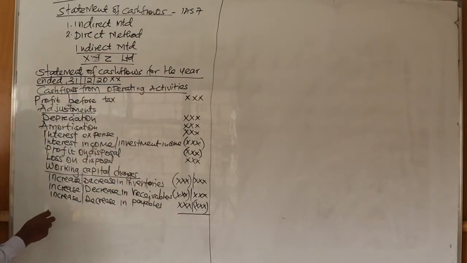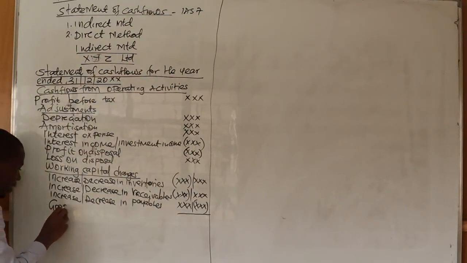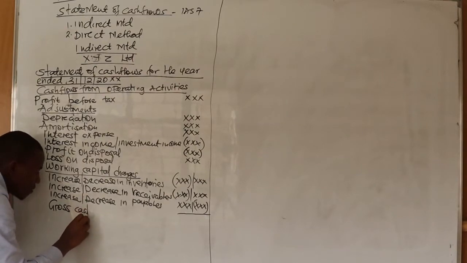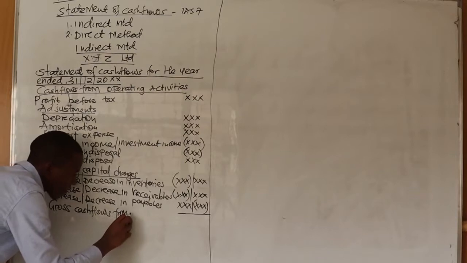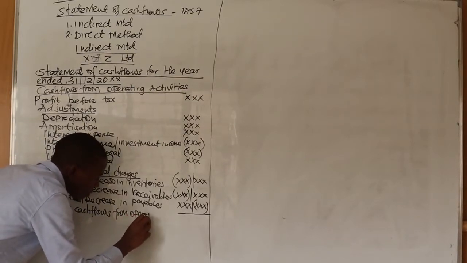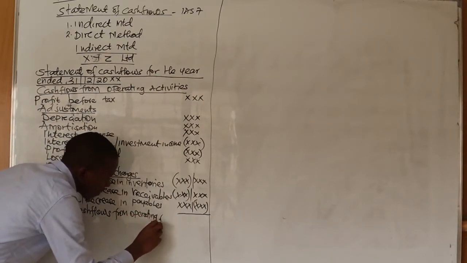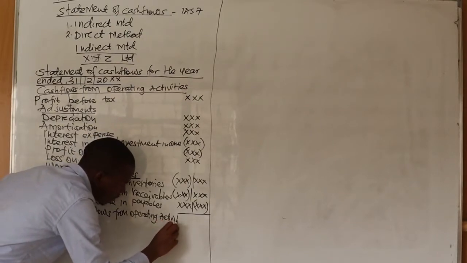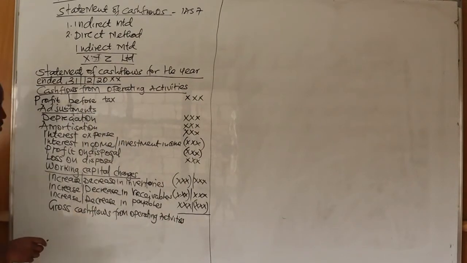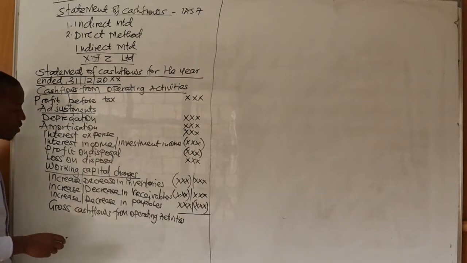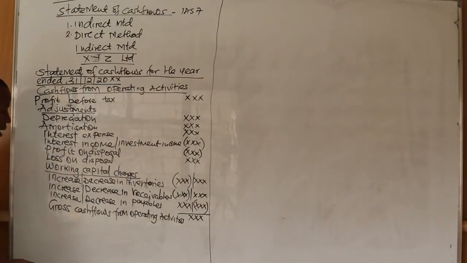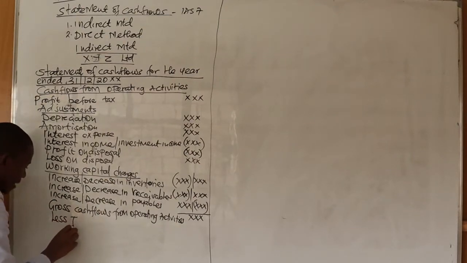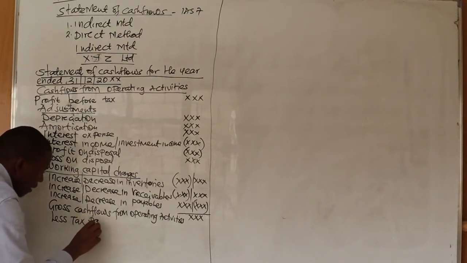So after that, what you get here is the gross cash flows from operating activities. Then after that, you can now less the tax that was paid during the year.